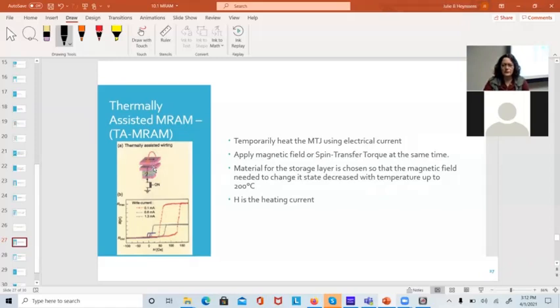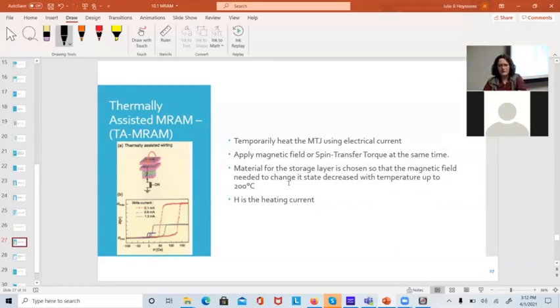And then after it's warmed up, I'm going to apply a magnetic field or use spin transfer torque at the same time. Now, the material they pick is chosen so that the magnetic field needed to change it decreases with temperature up to about 200 degrees C. It's getting pretty warm in there.